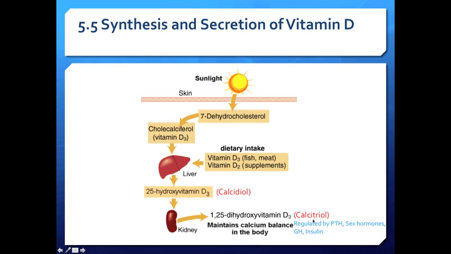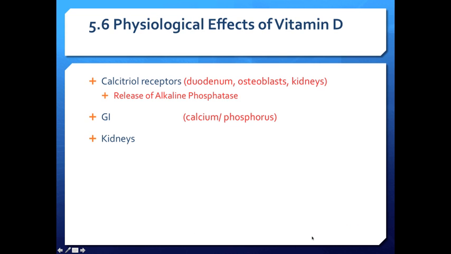Another name for calcitriol is 1,25-dihydroxyvitamin D3. Now, this is the active form of the hormone. We also know, and we'll explore this more in class, that calcitriol is regulated by the concentration of PTH, sex hormones, growth hormone, and even insulin.